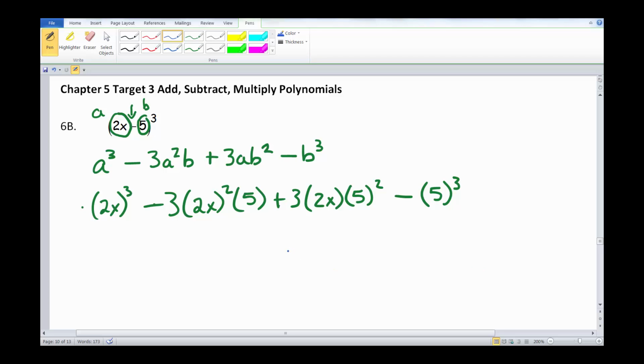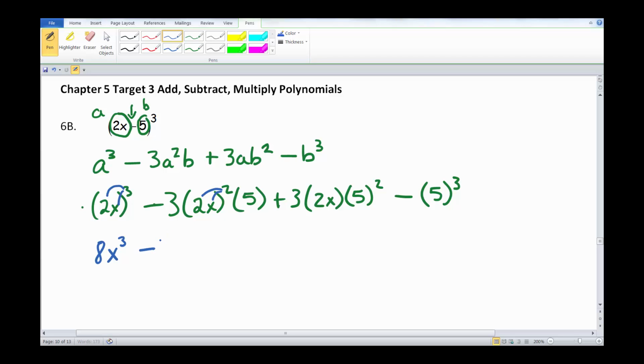So now it really just comes down to properties of exponents. We notice that we have 2x, all of that being raised to the third power, so the 2 is getting cubed, the x is also getting cubed, giving us then 2 cubed is 8, x cubed is just x cubed. For the second part, we have -3 times 2x being squared times 5. Well, what we're going to do is square this 2 as well as the x.